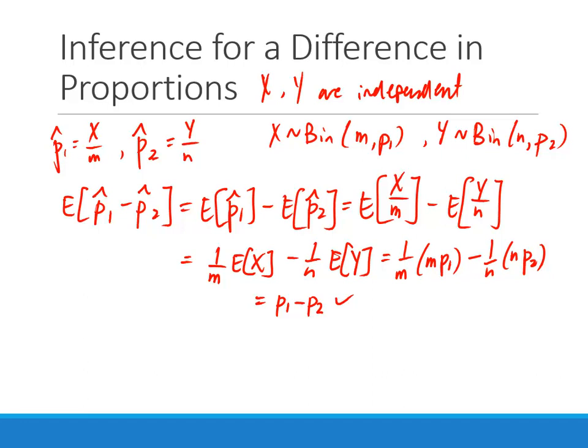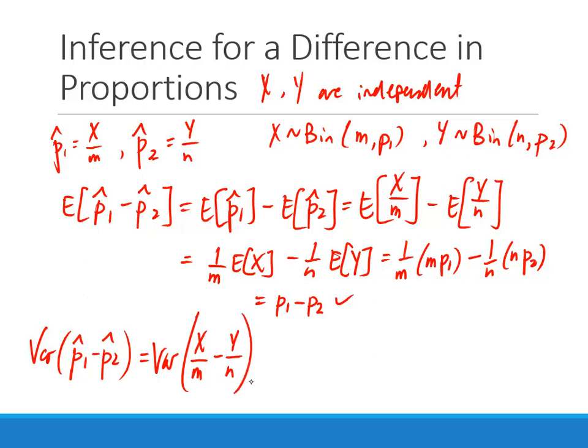Okay, and then let's quickly write down how we can figure out the variance of this estimator. So the variance of P hat 1 minus P hat 2. Well, that's the variance of X over m minus Y over n. If we use the fact that X and Y are independent, we can distribute that variance through. We can just take the sum of each of those variances because they're independent.